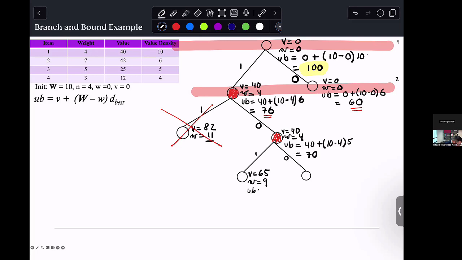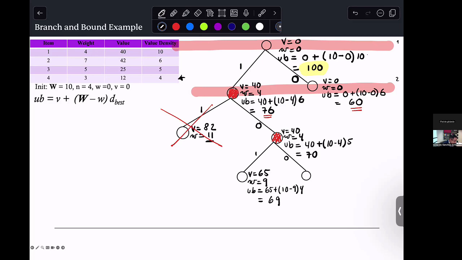And the upper bound is going to be 65 plus 10 minus 9 times the best, which is going to be this 4. And this is 69. All right. So this is the best I can get if I choose to include the third item into the knapsack.